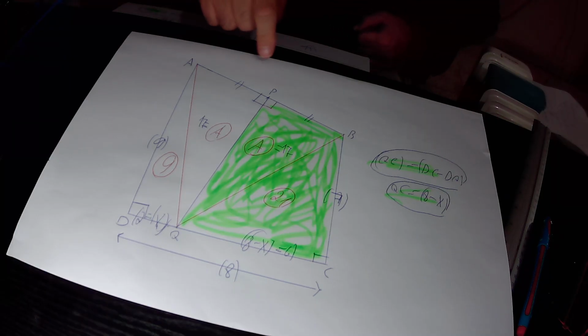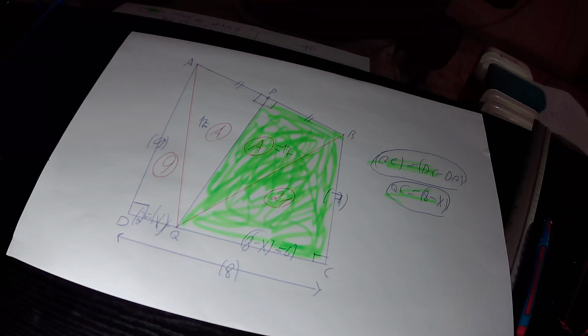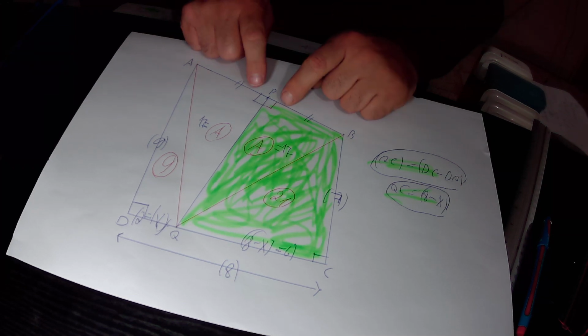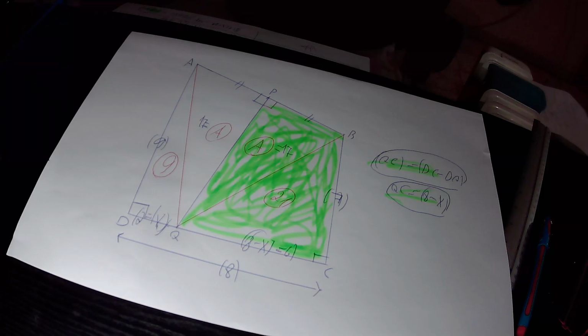First of all, AP equals PB according to what is given in the question. In addition, those two angles are both right angles and therefore they are equal to each other. And finally, PQ is a common side that belongs to both triangles, so we can write down that PQ equals itself.